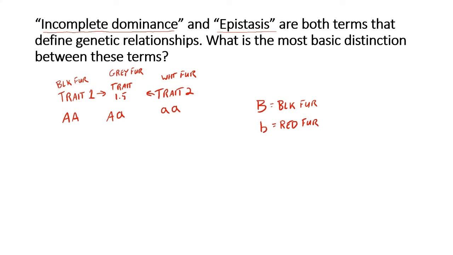I think I may have said brown fur or chocolate fur in one of the previous videos. Okay, and those are your possibilities. Now, this doesn't have incomplete dominance, so these two genotypes both get you black fur. Only this genotype gets you red fur.